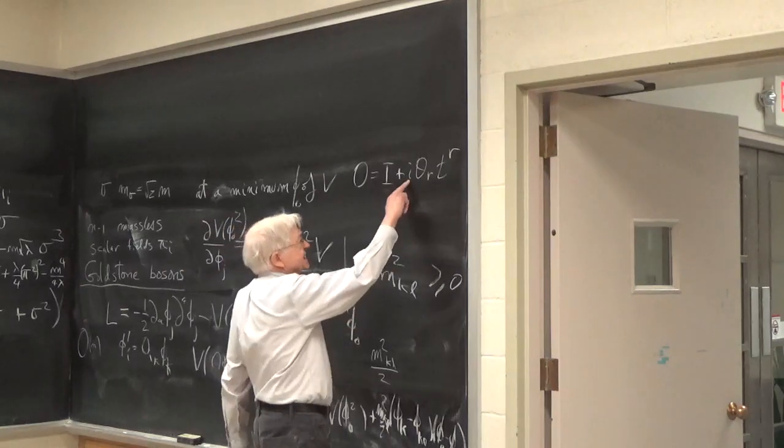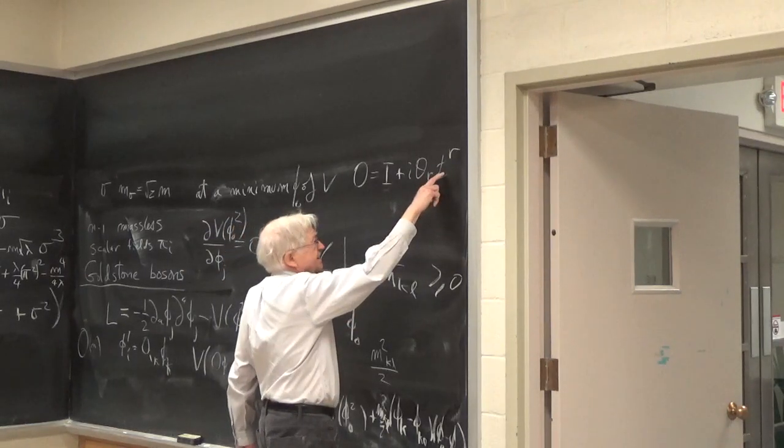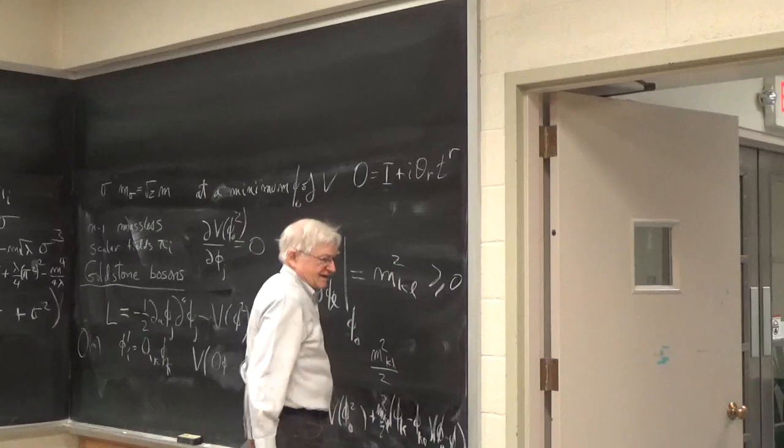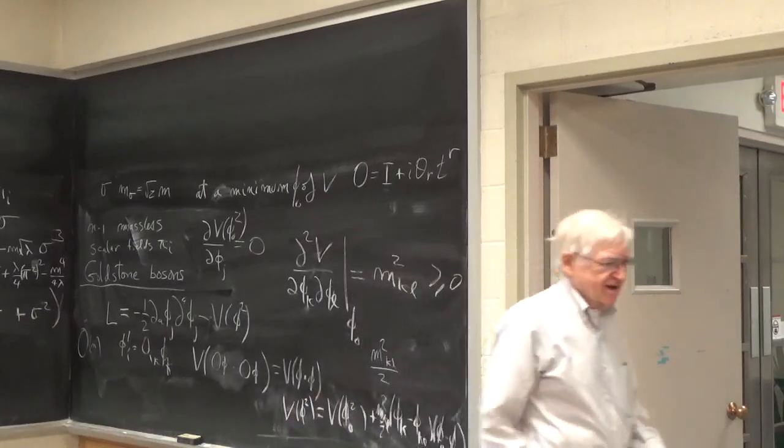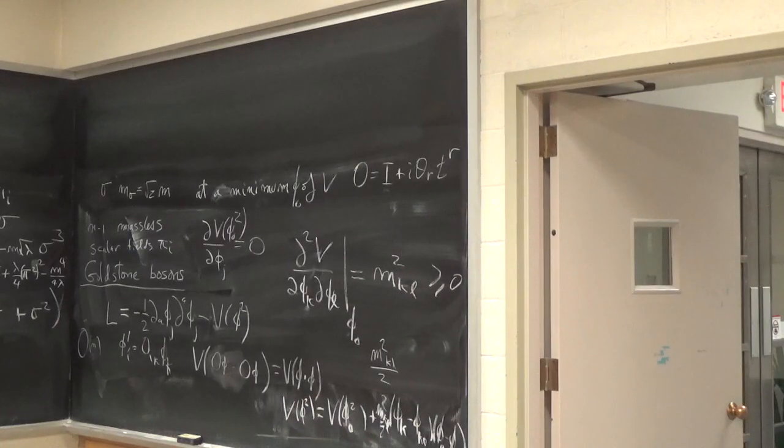They would just take the i, put it into the T_r, and say that should be an imaginary symmetric matrix.